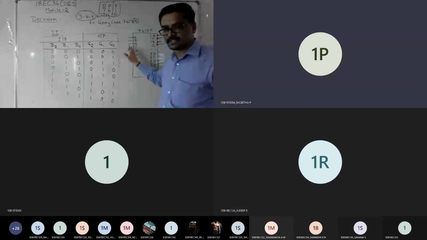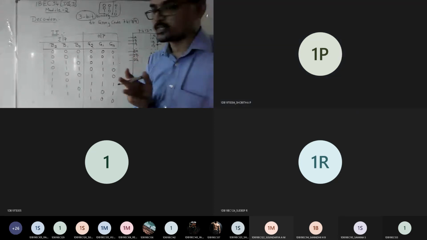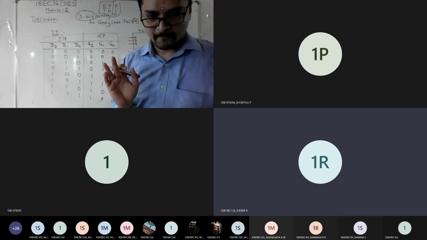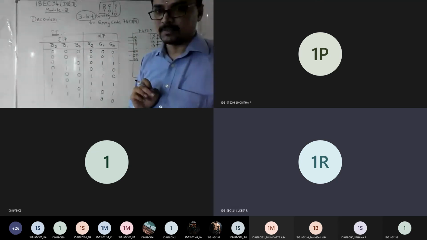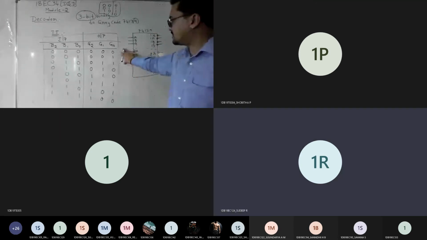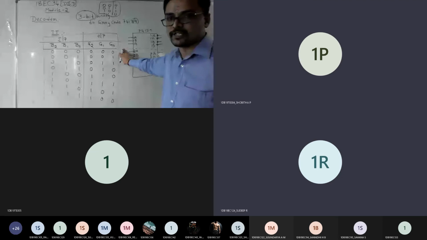So I need to make these 6 connections as only 3 connections, and those 3 connections should be only B0, B1, B2. Am I clear till here to everyone? If you have any doubts, you can ask me. Is that fine till here? Shall I proceed?